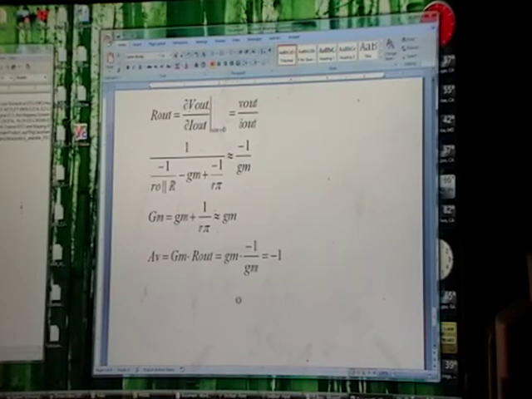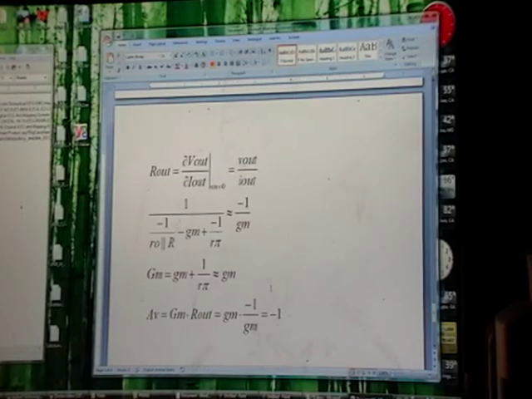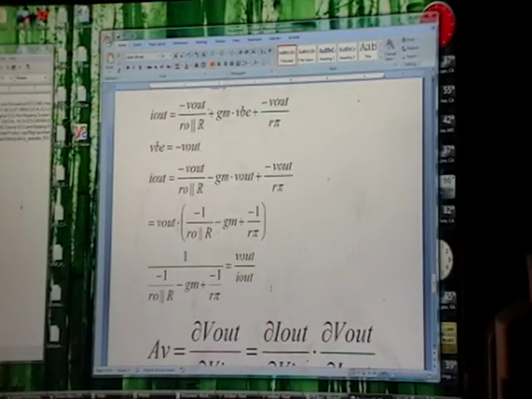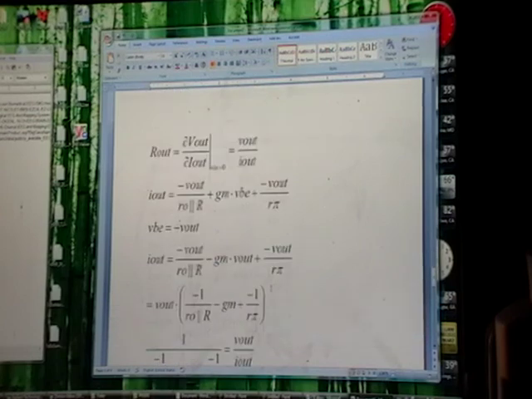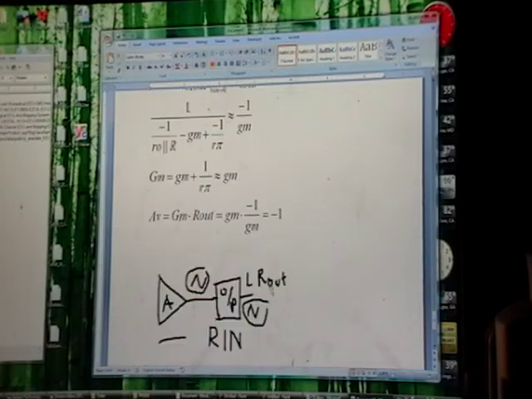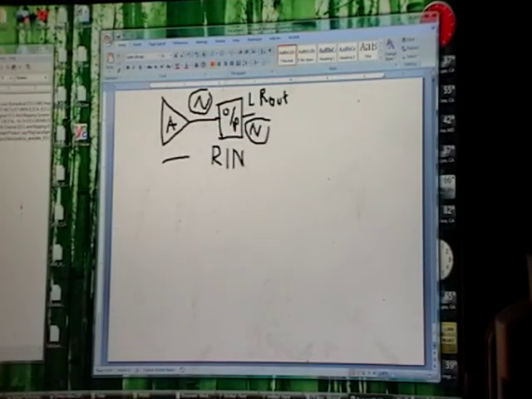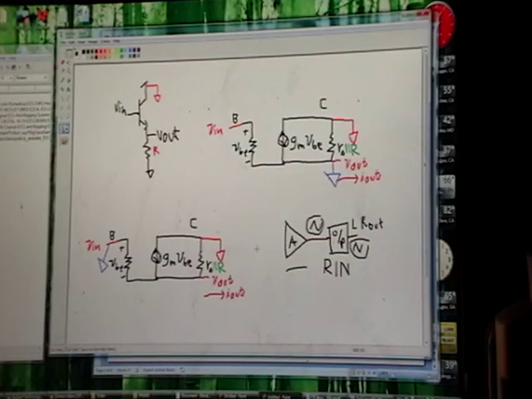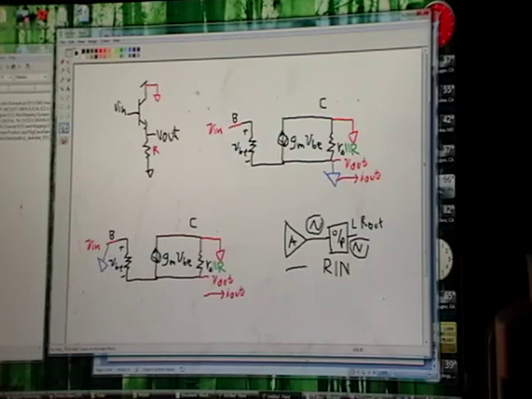Okay. So you want a big R in, so let's go find the R in for the follower. Well, actually, I've got a picture down here. R in can be a little bit messier, because the two-port model lets you simplify some things in your diagram. So we want to get rid of this, because it's not ground anymore, because we're not doing GM.